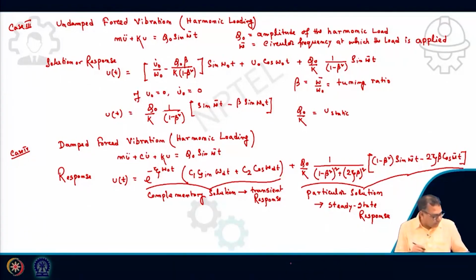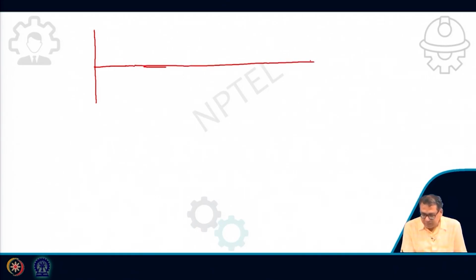Okay, so now if I draw the combination of this steady state response and the transient response, this is my time and this is your u(t).